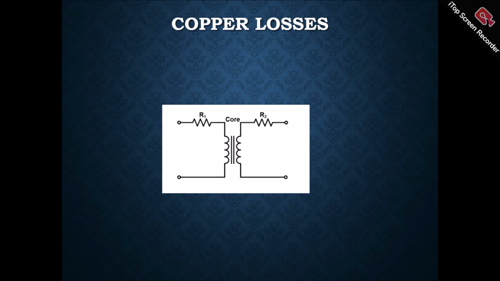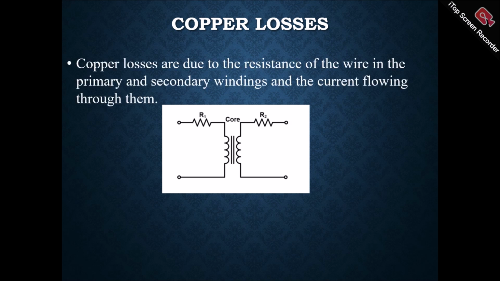Let's say we have applied V1 voltage at the primary side, and because of that I1 current is flowing through the primary coil. At the same time, I2 current is flowing through the secondary coil. We know that the power consumed by any resistor is given by current squared multiplied by the resistance value.